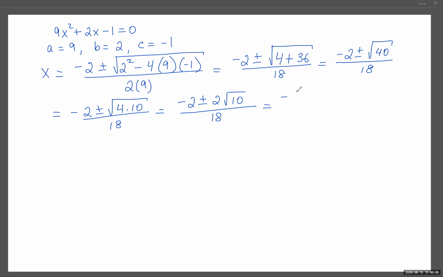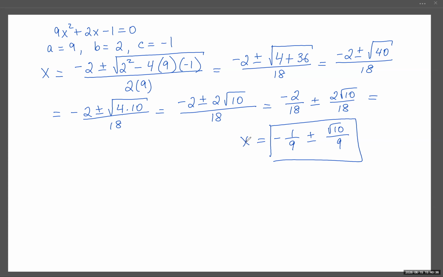I like splitting it into 2 smaller fractions, plus or minus 2 square roots of 10 over 18. Now you can simplify. -2 over 18 is -1 over 9, plus or minus 2 and 18 will reduce, square root of 10 will still stay, and then 18 is a 9. And this will be your final fully simplified answer.